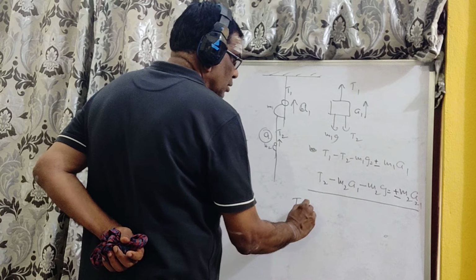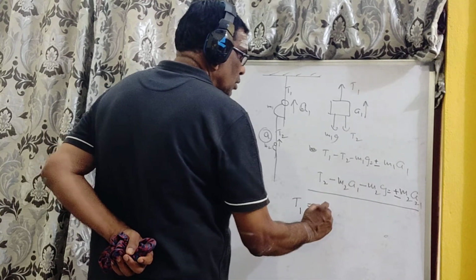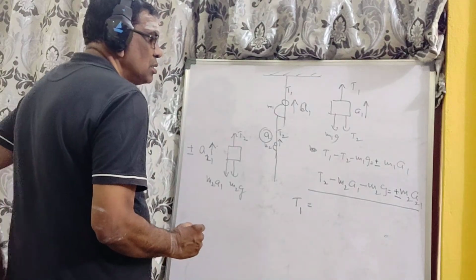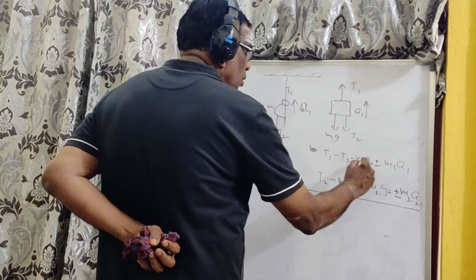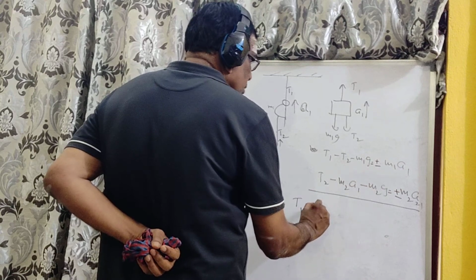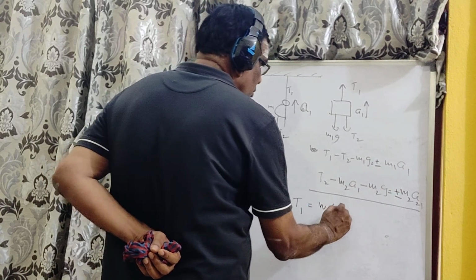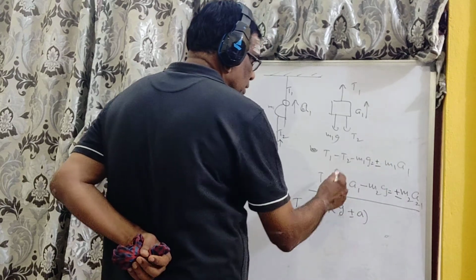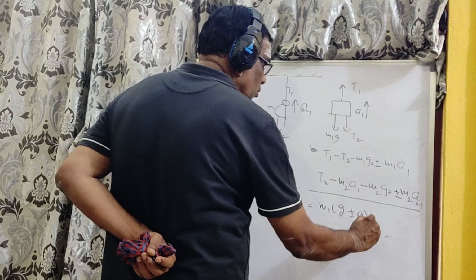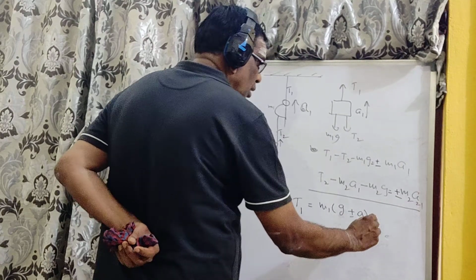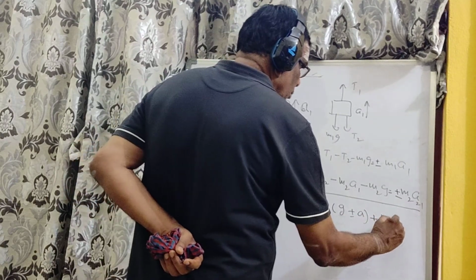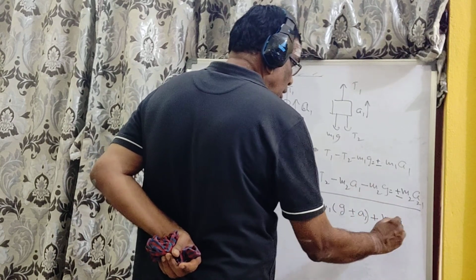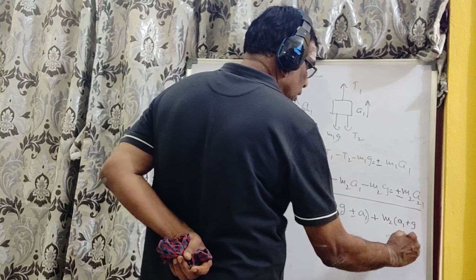So T1 is equal to, you bring this onto this side, M1 into G plus or minus, because I'm adding these two, this one will go, M2 into A1, A1 plus G plus or minus.